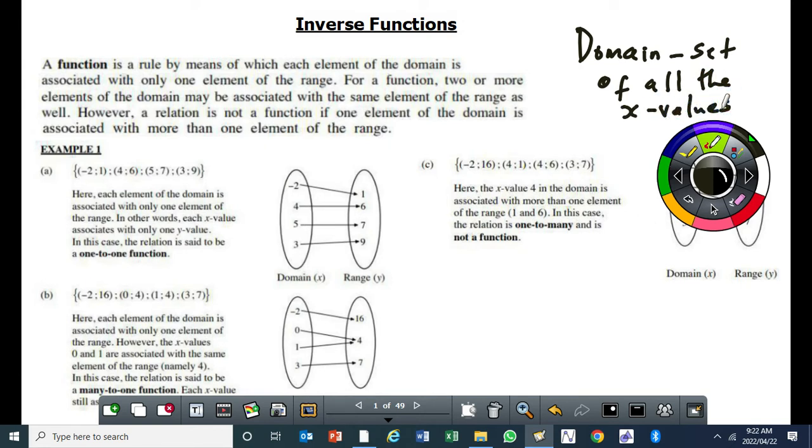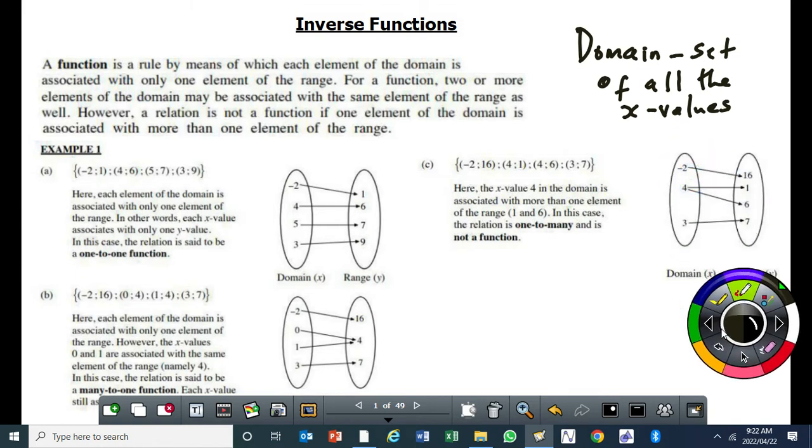Now, the corresponding set for the output is called the range. So the range is the set of all the y values.